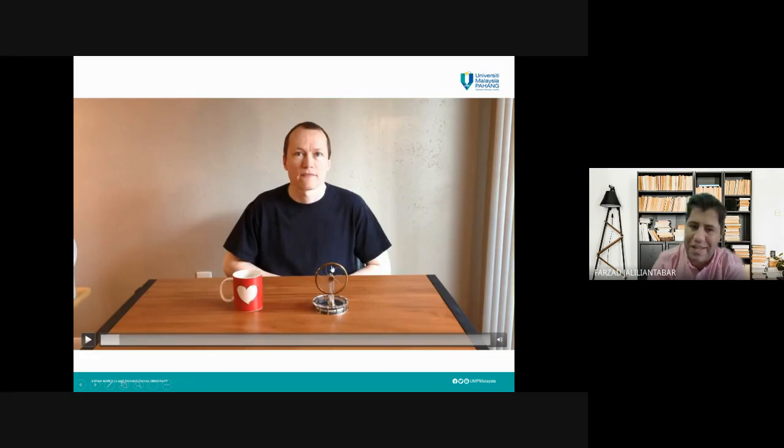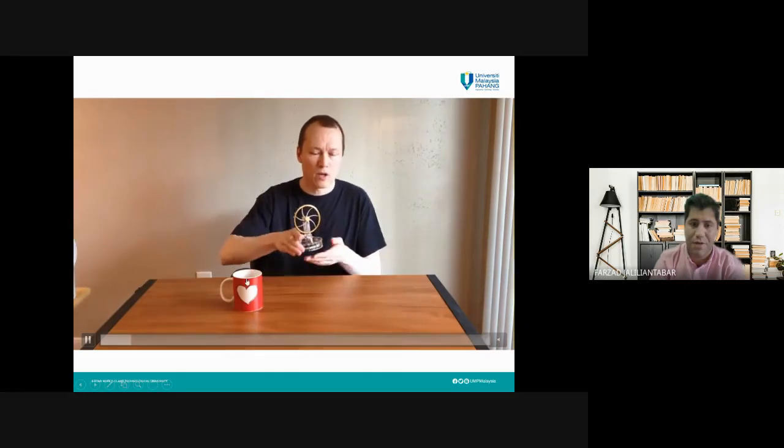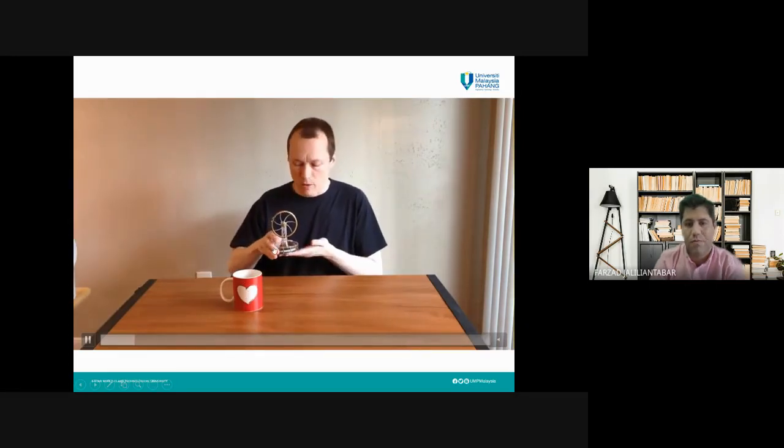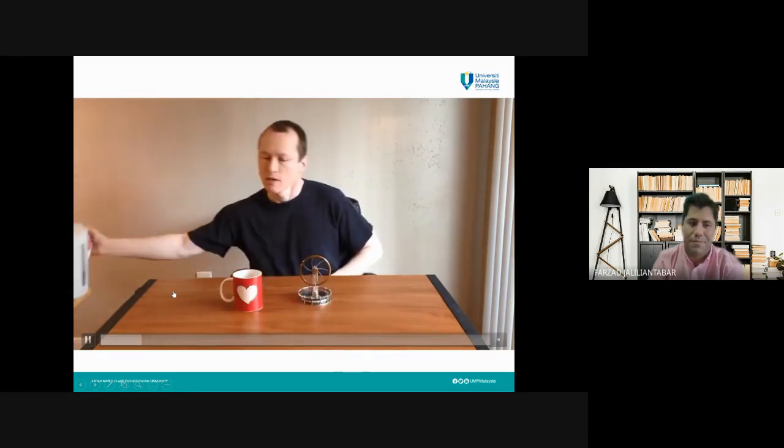You can see a Stirling engine here. The Stirling engine is a very useful type of engine to convert heat to power. For this type of engine, if we have a temperature source, for example here, we will fill this cup with boiling water.